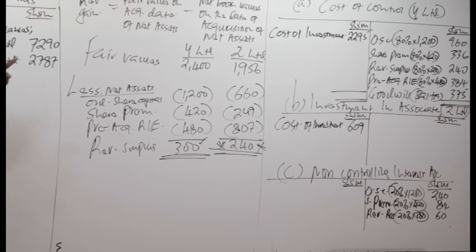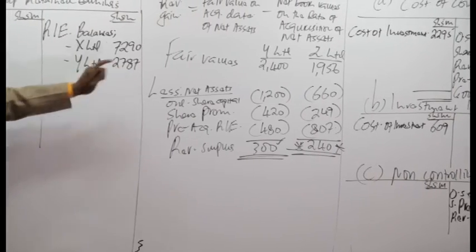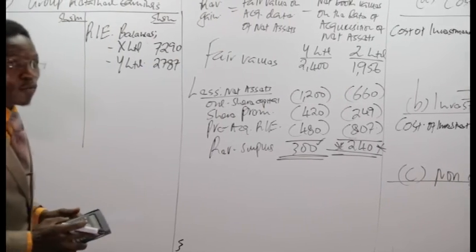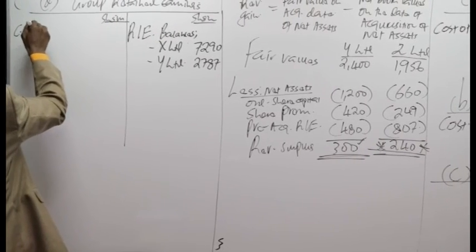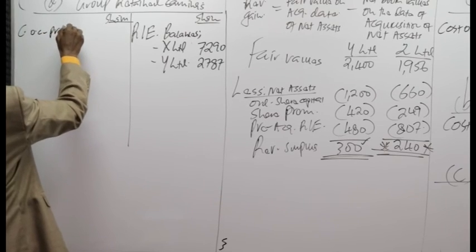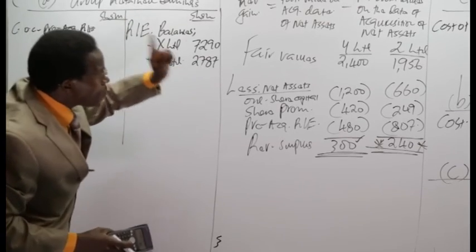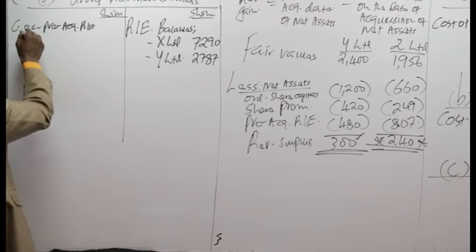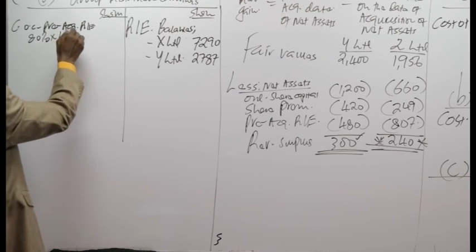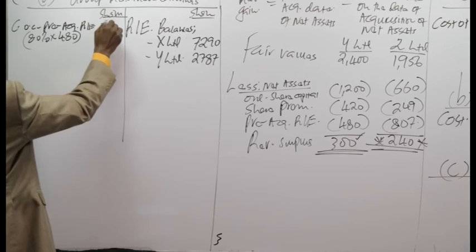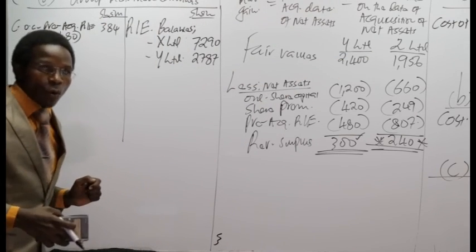Out of 2787, there is pre-acquisition retained earnings that we have taken to the cost of control as part of the net assets. Out of these 2787, I've removed 384, that is 80% of 480. That's how we got the 384. It has gone to our cost of control as part of the net assets acquired.